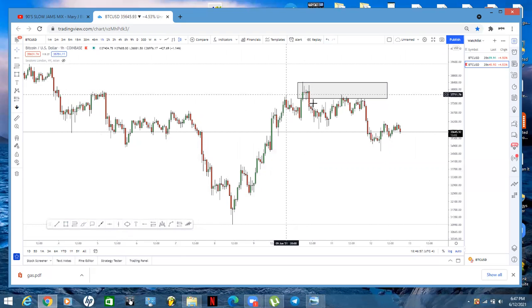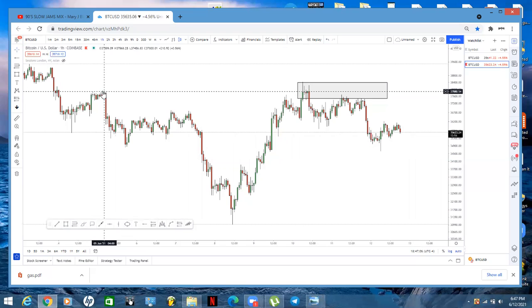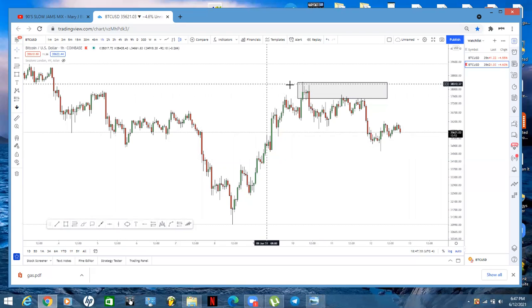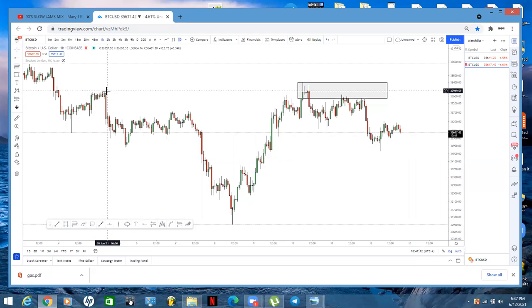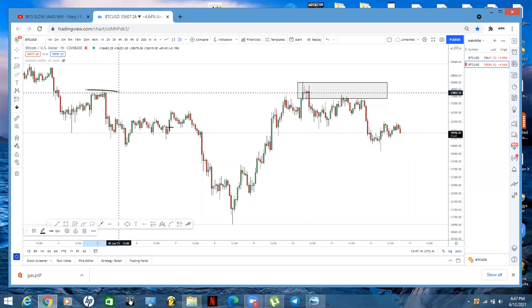All right. So we know that, and it was a fake out. This was a liquidity grab because it didn't close above this high right here. So we know that this high got respected because of these wicks. So this was just a liquidity grab above, grabbing the liquidity that was resting above this structure high right here.